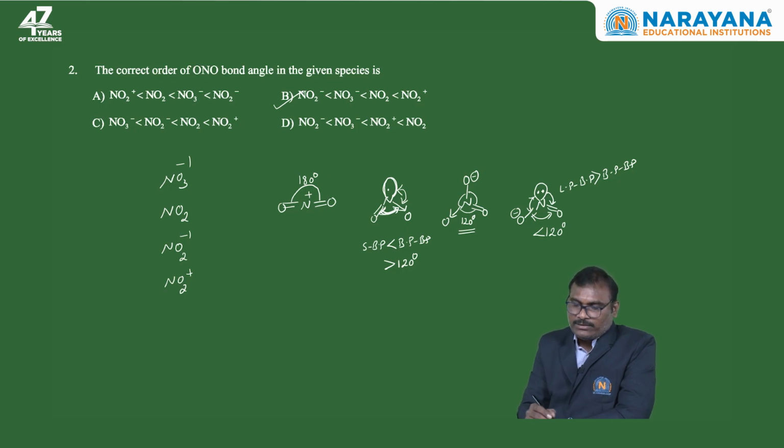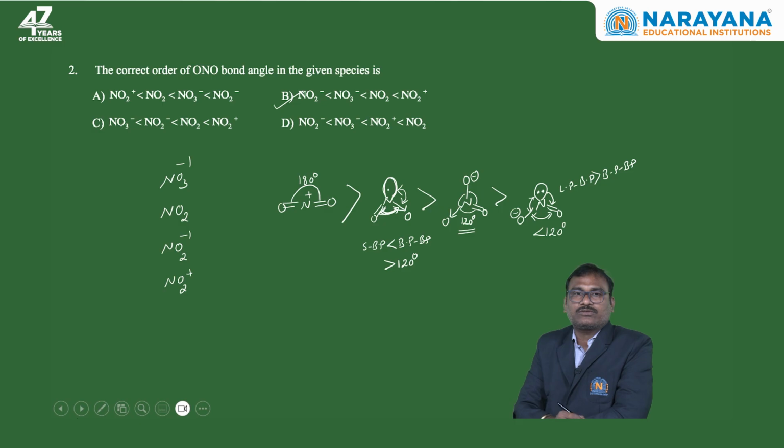So according to the discussion we have completed just now, highest bond angle is NO2 plus, next NO2, next NO3 minus. These are the reasons which make the correct order of the given species NO2 plus, NO2, NO3 minus and NO2 minus. Now let us go for the next question, students.